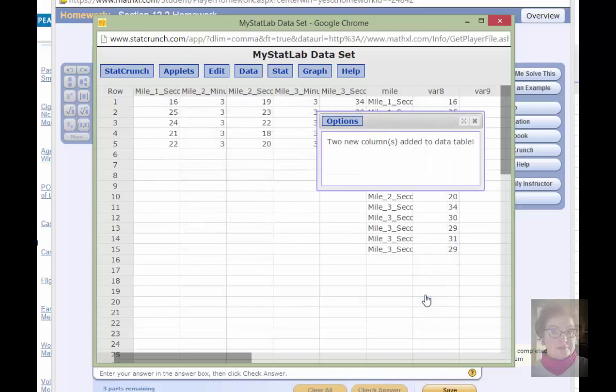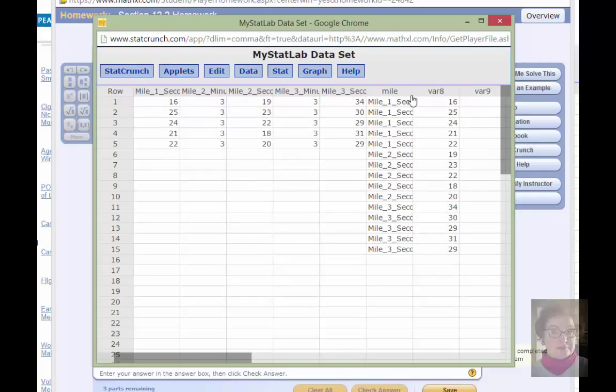And I'm going to do Compute, and you can see what has happened to my table: here I have my labels and here I have the seconds. Now I was able to do this because all of my minutes were 3, so it was just the seconds that were different, and we'll keep our fingers crossed that this works.